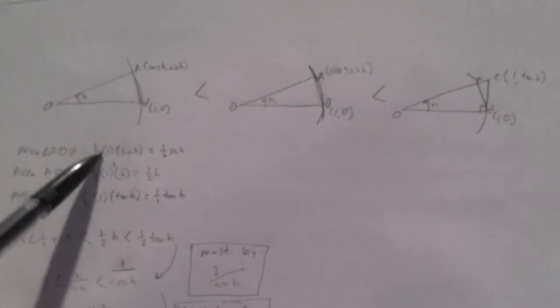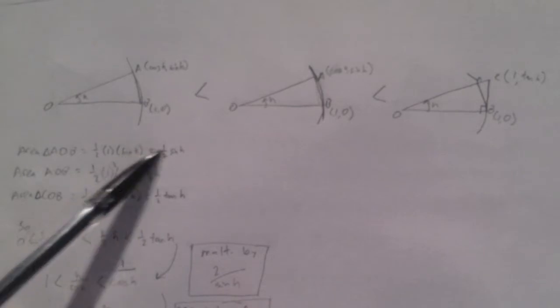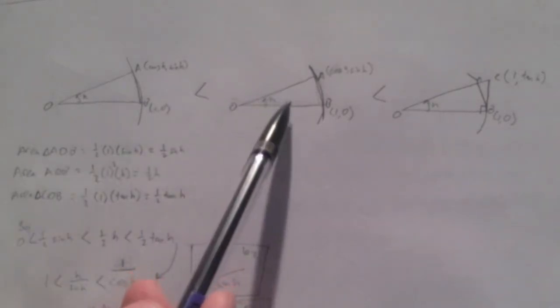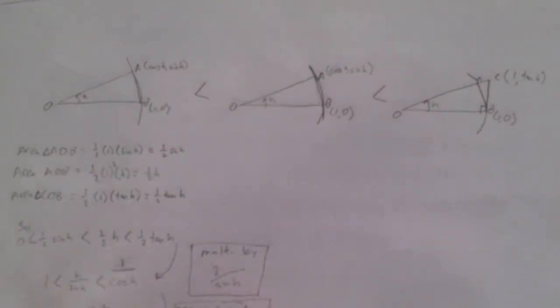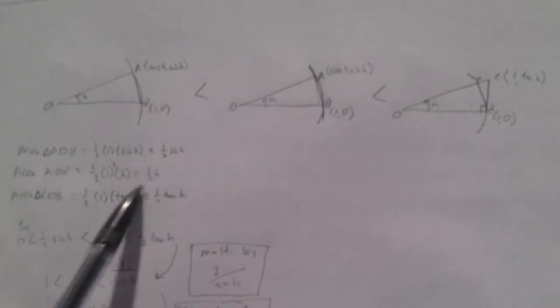So now, the area of triangle AOB is 1/2 base times height, so it's just 1/2 times 1 times sine h, or 1/2 sine h. Next there's a sector, and the sector area formula is 1/2 radius squared times theta. So we've got 1/2 times 1 squared times h, so we just get 1/2 h.